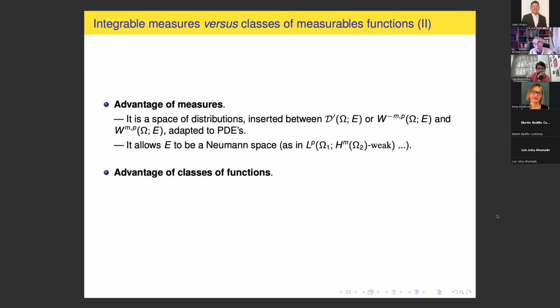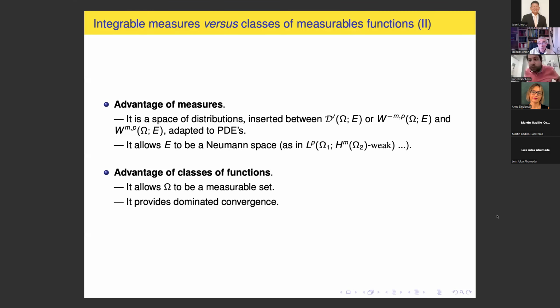And the advantage of classes of functions is that it allows omega to be a measurable set. And the second advantage is that it provides dominated convergence that gives some more interesting results. So we have some more interesting results in the case, well, okay.